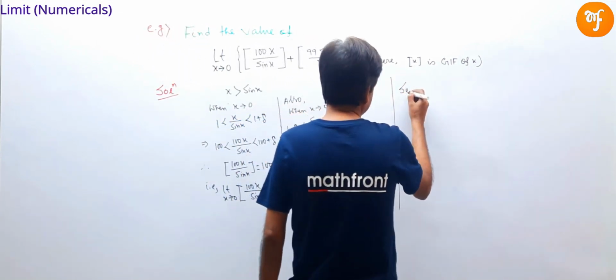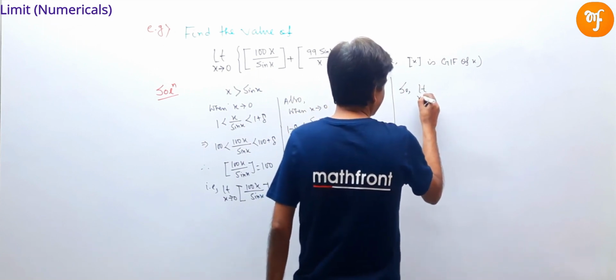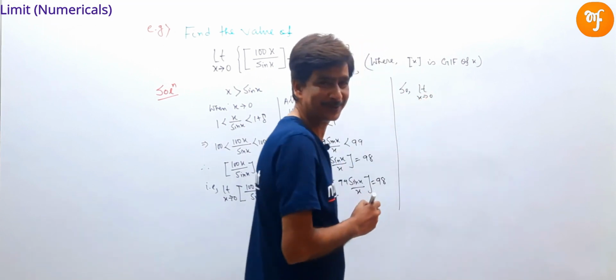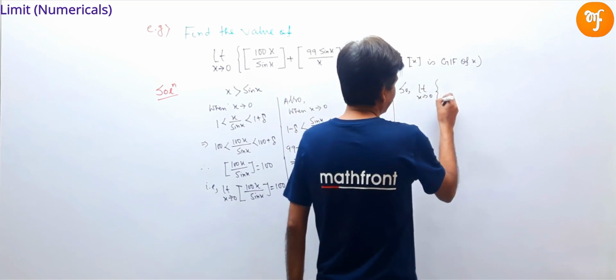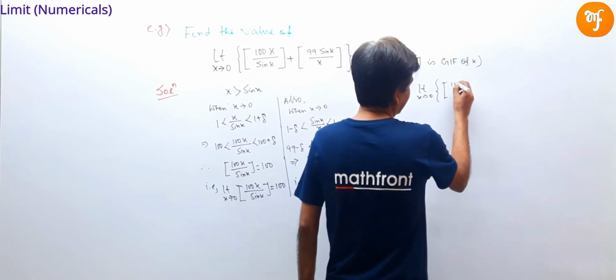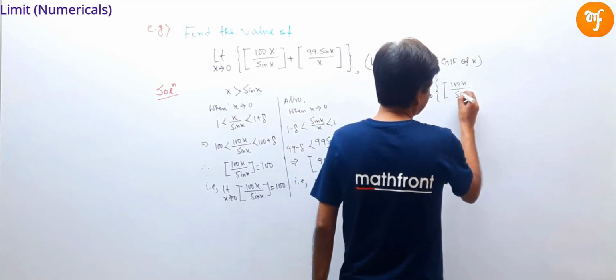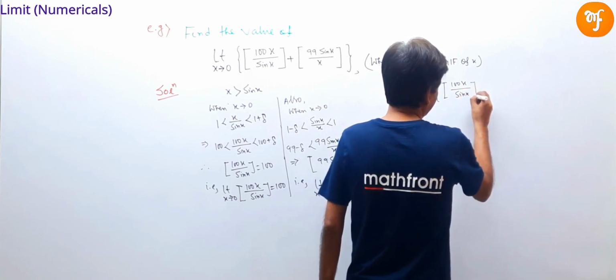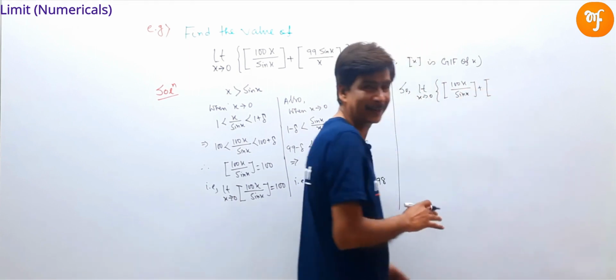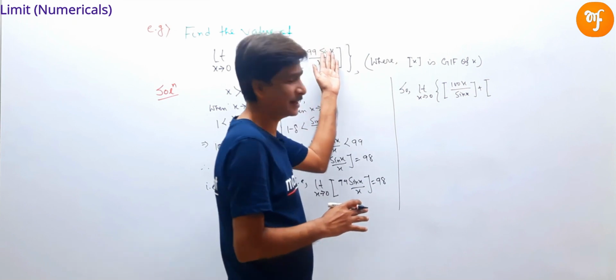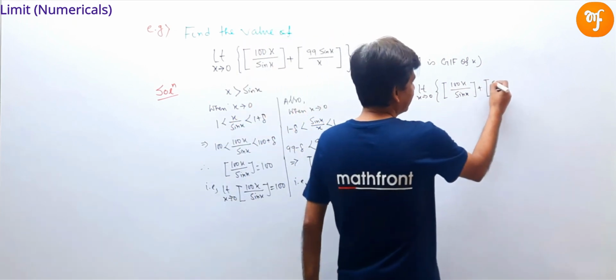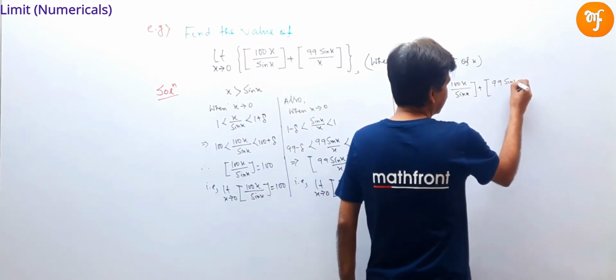So limit x tends to 0, box of 100x by sin x plus box of 99 sin x by x.